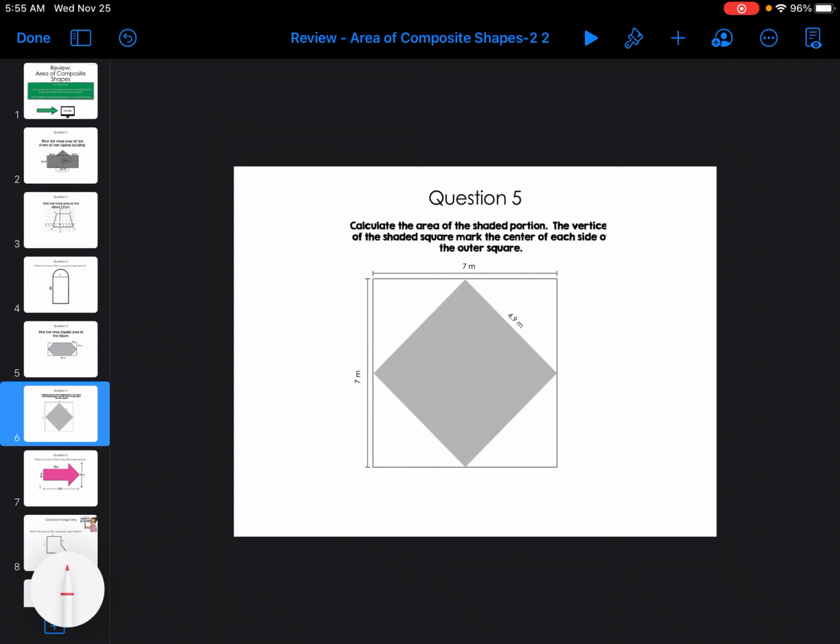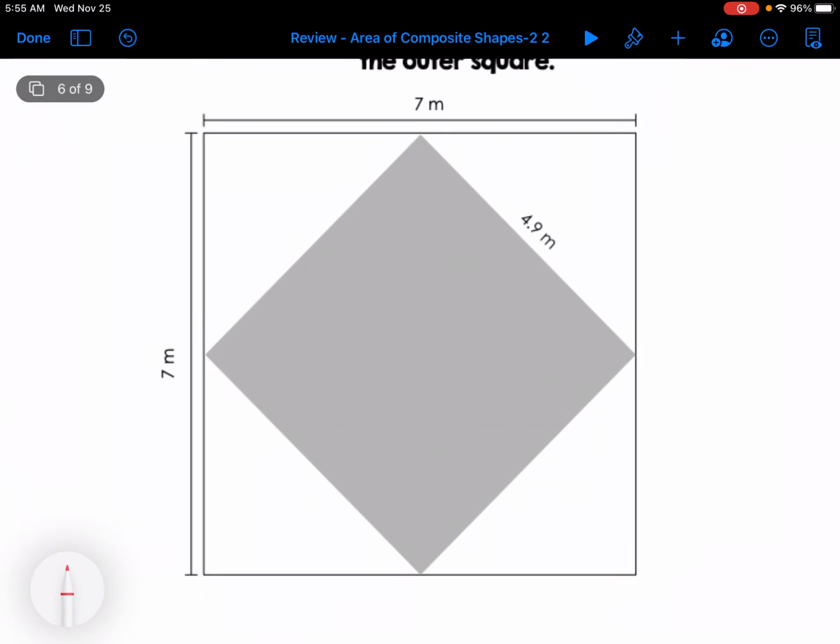Right, for this one, they want us to find the area of the shaded region. And they're saying that the area of the shaded square. Okay, well, I know that if it's a square, right, all the sides are going to be the same.